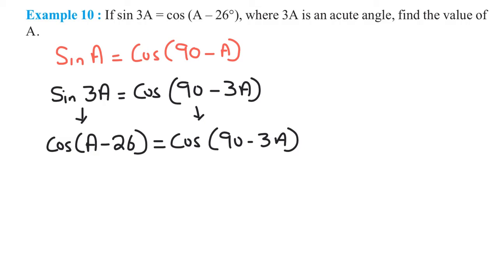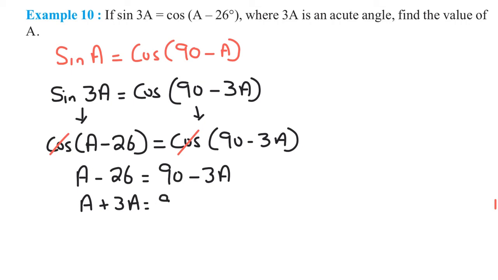So, since both are acute angles, we can only take the angles over here. So, A minus 26 is equal to 90 minus 3A. Now, figure out what A is. So, A plus 3A is going to be equal to 90 plus 26.